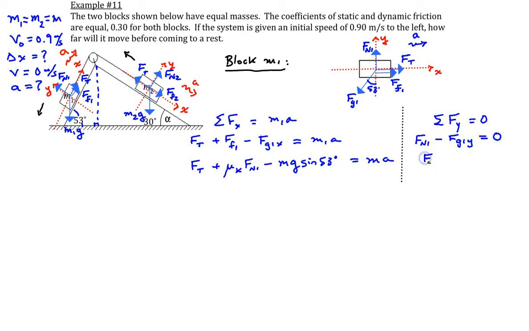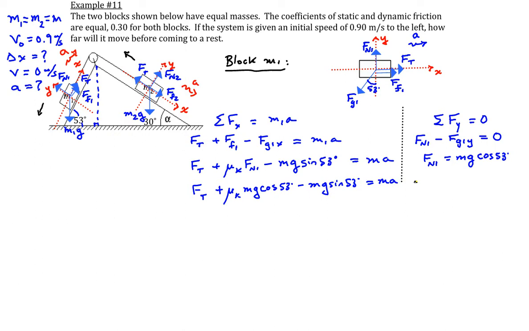So Fn1 is equal to m times g times the y component, and this would be mg times the cosine of the angle, which is 53 degrees. So now we're going to sub this expression into here. So now we'll have the tension plus mu k times m g cosine 53 degrees minus mg sine 53 degrees is equal to m times a.